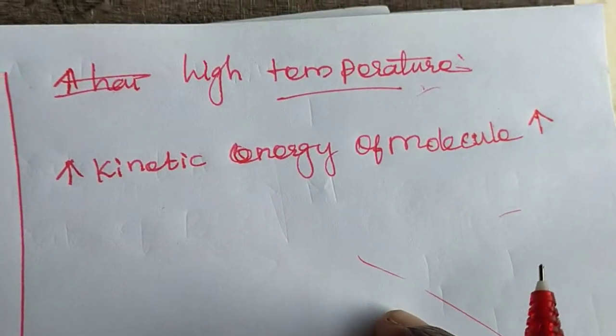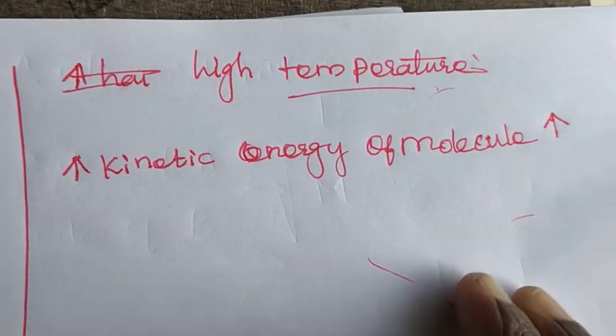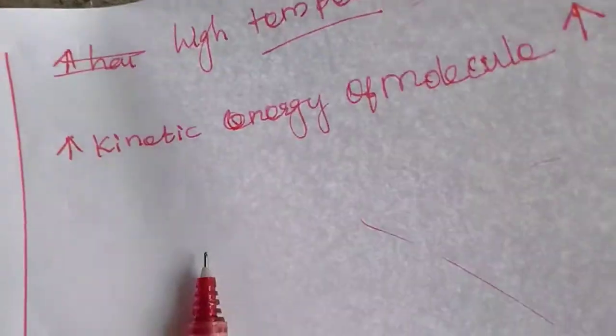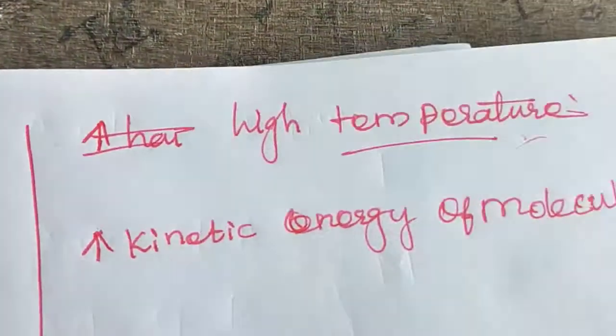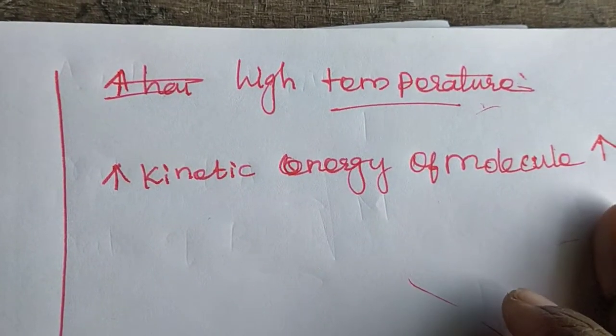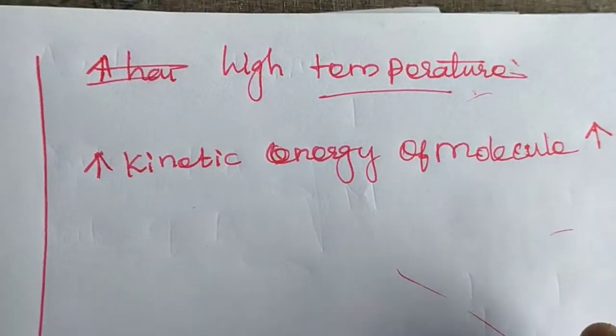Why? Applying the higher temperature, the molecules get more kinetic energy. Because of applying the temperature to the gas particles, we can take one example for this higher temperature: boiling water.